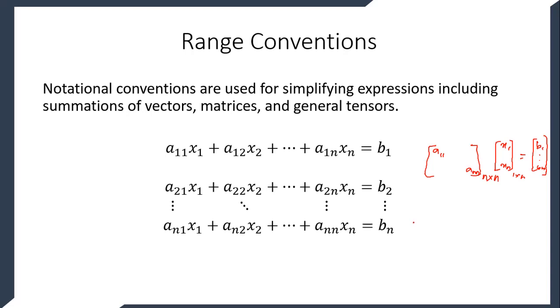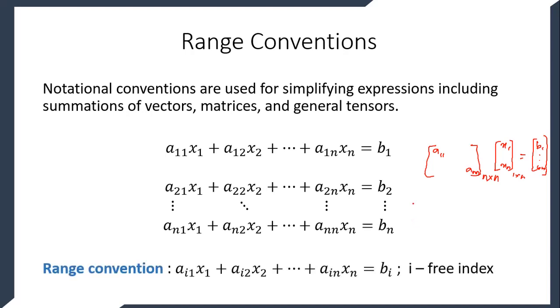So we need to find some particular way in which we can denote this as a whole, and this brings us to the range convention. We can see that all these equations are written in a particular fashion. In every equation, only one index is being changed, that is, the first index. In the first equation the index is 1, in the second equation it is 2, and in the nth equation it is n.